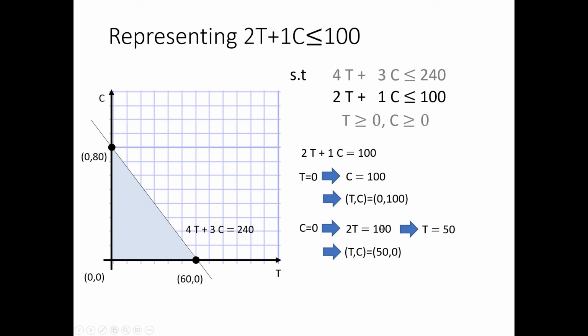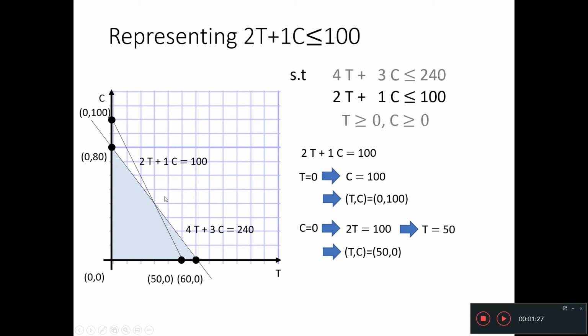So I have 2 points on this line. Now let me identify those 2 points in the graph. So the first point, 0, 100, is over here. Second point, 50, 0, is right here. Let me connect these two. So this is a line called 2t plus 1c equal to 100.